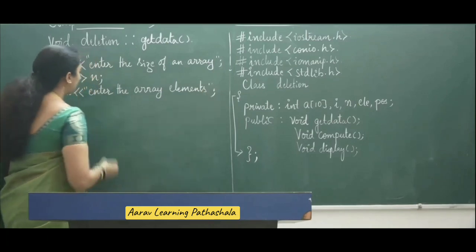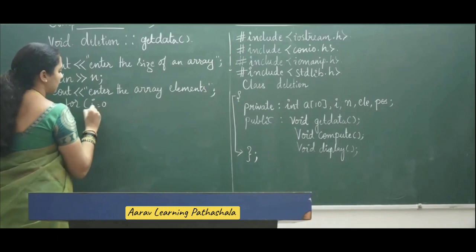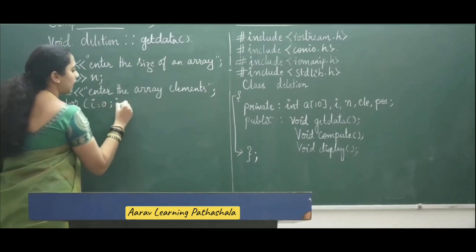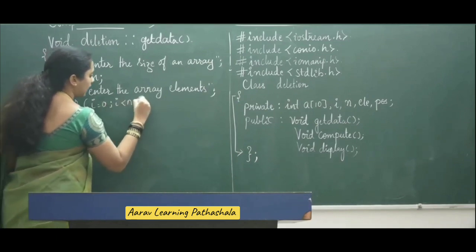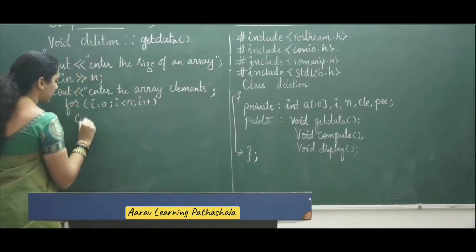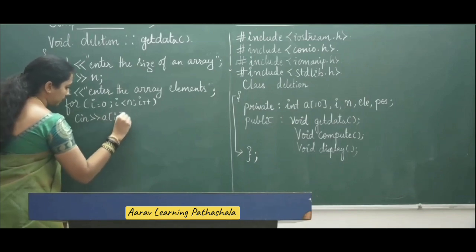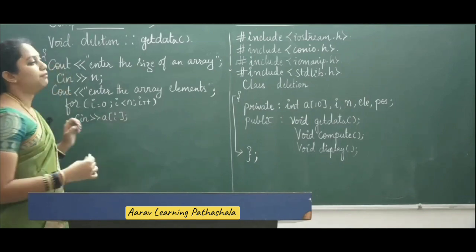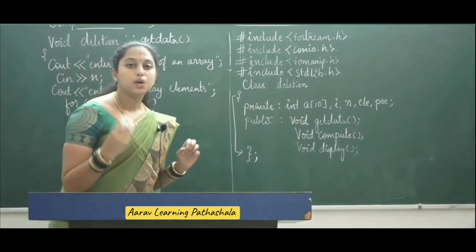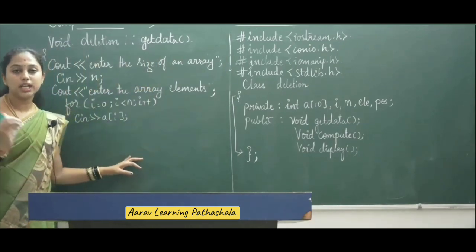So using for loop, we are going to accept the array elements. I is equal to 0, I less than n, I plus plus. Cin A of I. Next, we have to collect the position from where we have to delete the particular item.